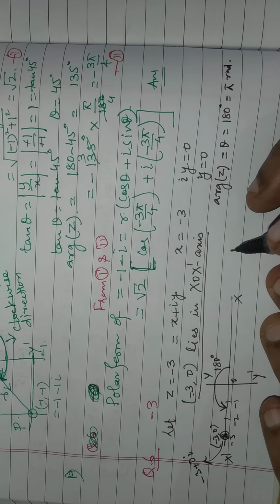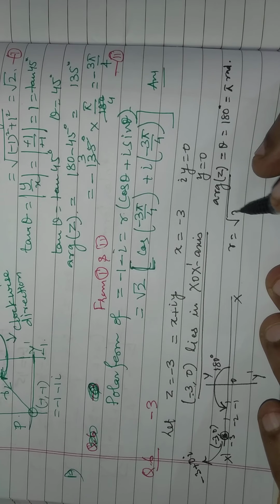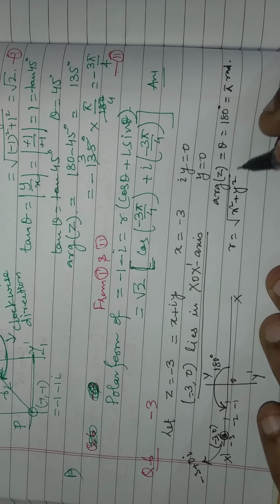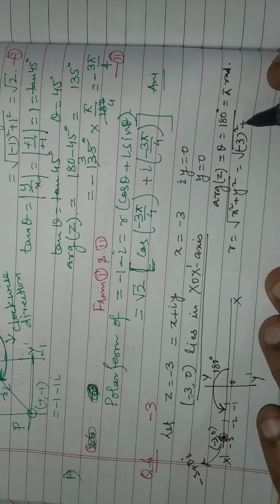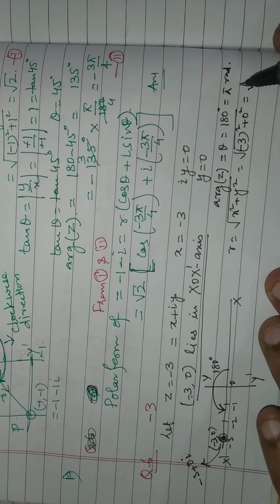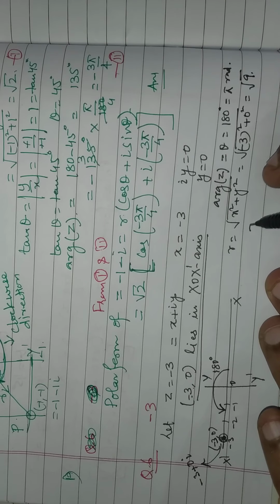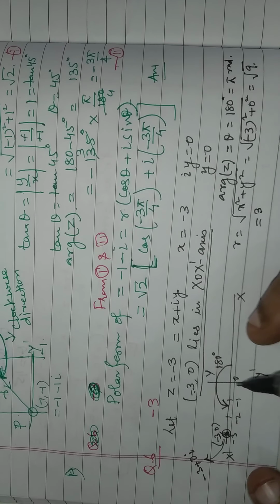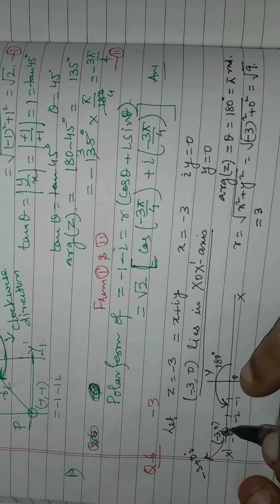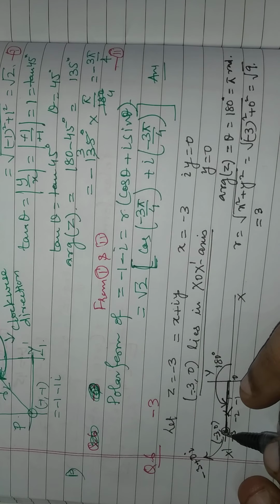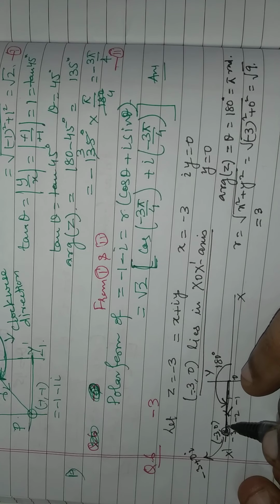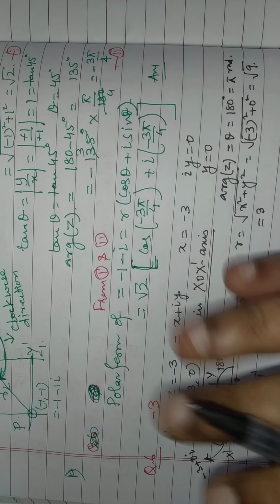And now r is equal to root under x square plus y square, and x square is minus 3 whole square, and y is 0 square, so it is equal to root 9. You always have to take it positive, because although from here to here this r is in the negative direction, the modulus is always positive.